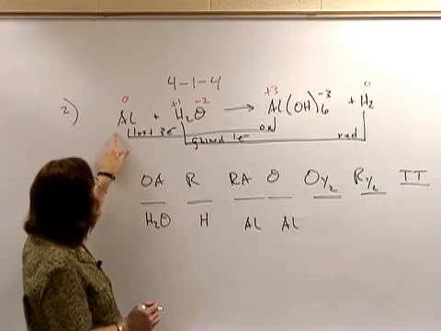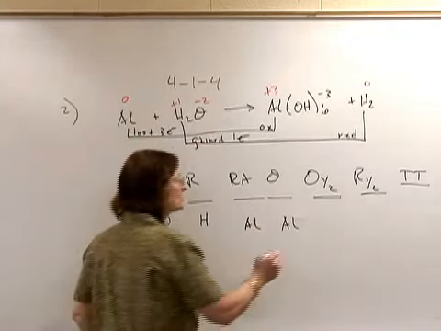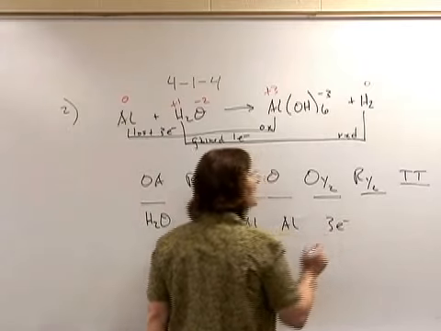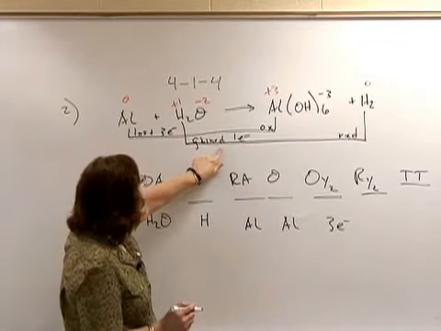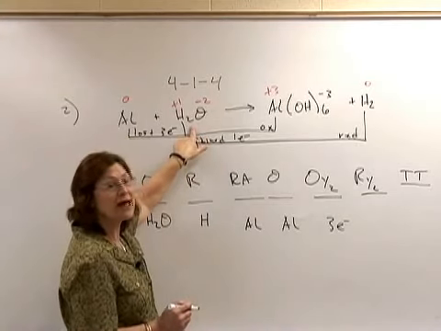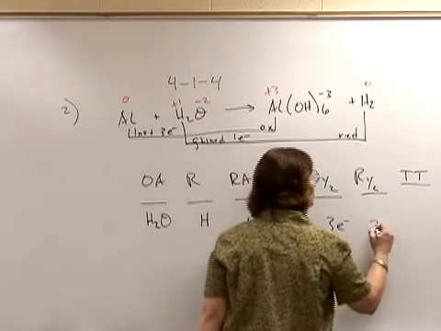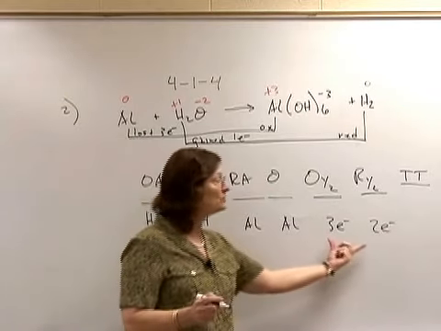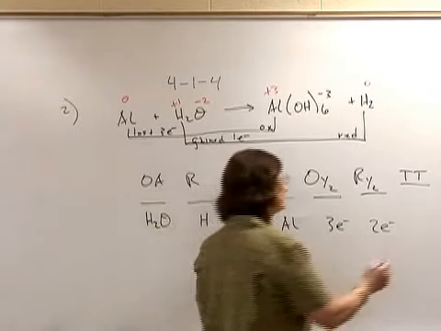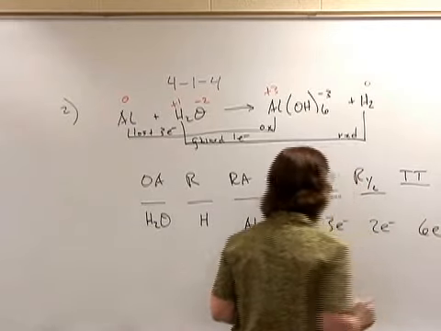And therefore, we have 3 electrons that are lost. In the reduction half of the reaction, we gain not just 1, but 2 because we had 2 atoms. And therefore, this would be 2 electrons. The total number that are transferred would be the lowest common multiple here, and that would be 6 electrons.